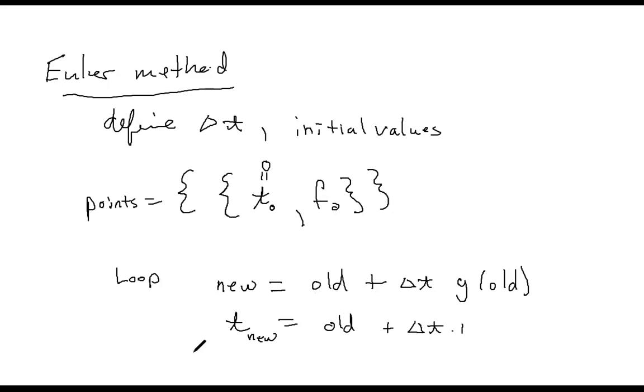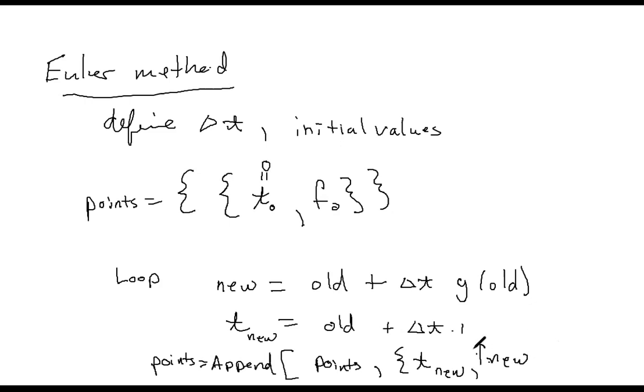And then I just said points equals append, and then I would say points. Here, I should write these as f new and f old, t old.